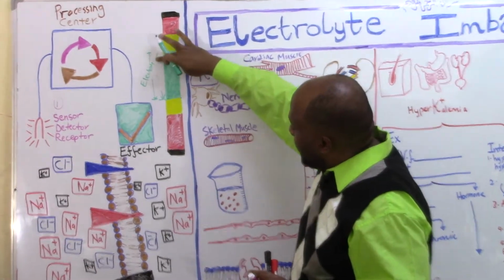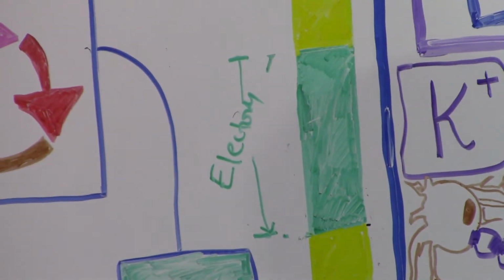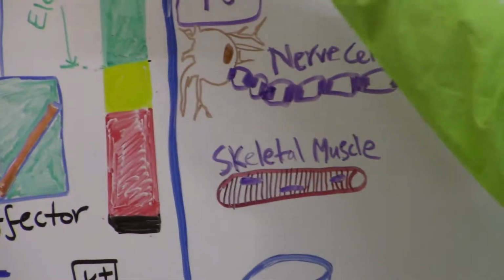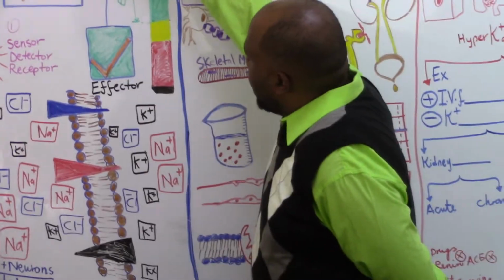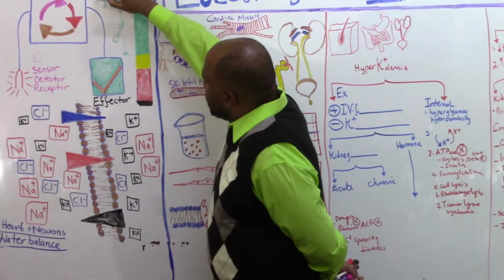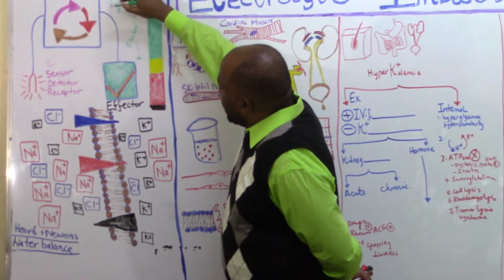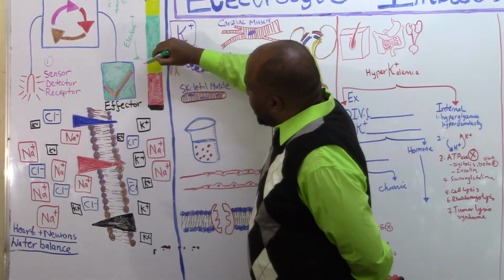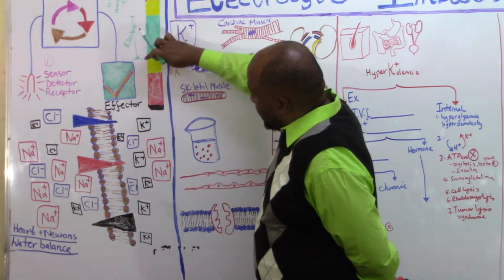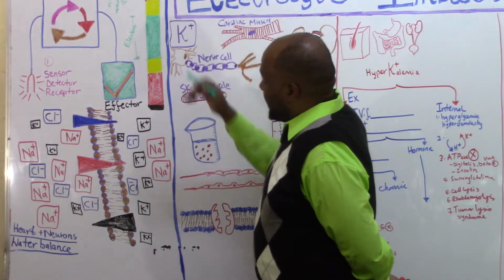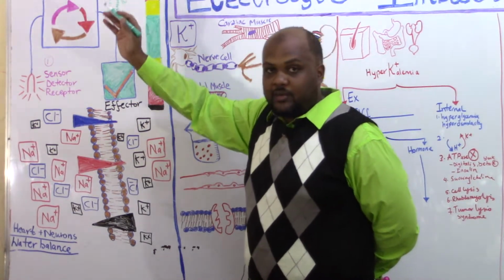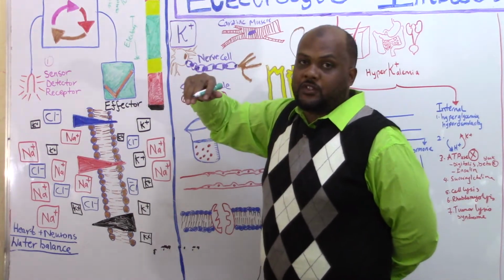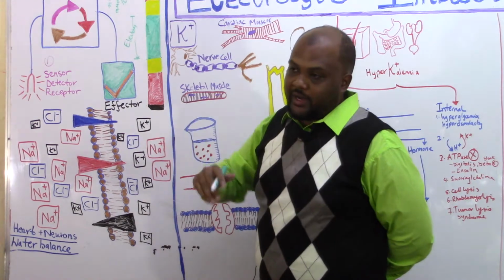So for each particular electrolyte, for potassium, sodium, calcium, magnesium, and phosphate, an increase above the highest acceptable amount in millimolar per liter, also known as milliequivalent per liter, and the lowest amount of millimolars per liter or milliequivalents per liter of that particular electrolyte will lead to either, for example, sodium hypernatremia, potassium hyperkalemia, calcium hypercalcemia, phosphate hyperphosphatemia, or magnesium hypermagnesemia.